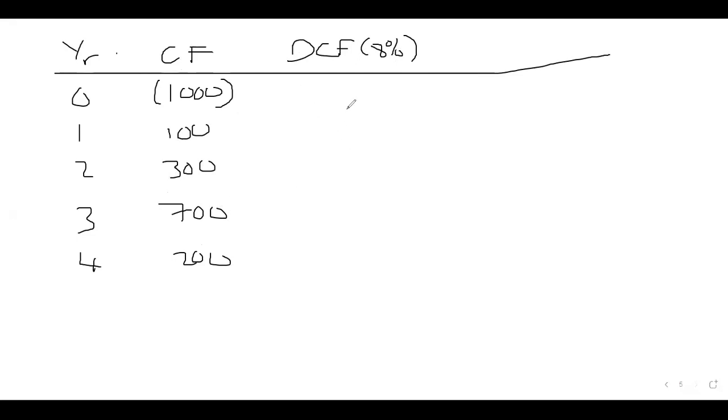Our discount factor will simply be 1 plus R to the power negative N. That is what we'll be using. Here we're going to multiply this one by 1. Our R is 8%, so 1 plus 0.08.